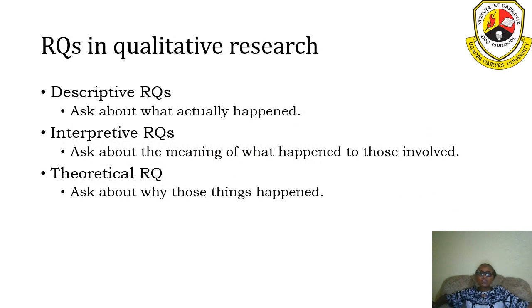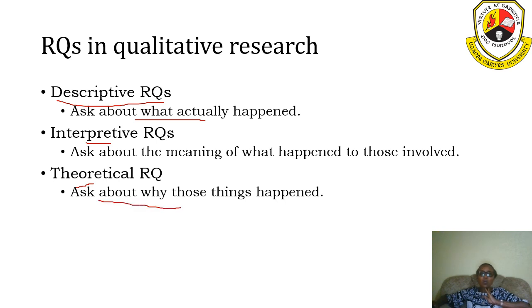Now, in qualitative research, you have descriptive research questions. These ones ask about what actually happened or what is happening. Then you have interpretive, which is looking at the meaning of what has happened. What is the meaning? Why do people do this? Why is it that they do not adopt this, and so on and so forth? Then there's that which is theoretical.